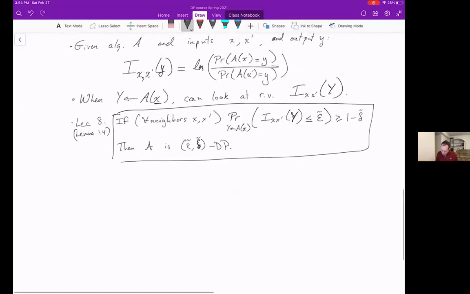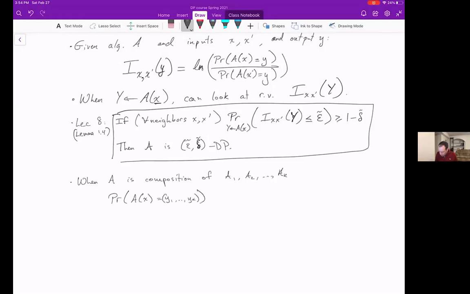When the algorithm A is the composition of several algorithms, A1, A2, up to AK, then the probability of seeing a given sequence of outputs, Y1 through YK, is the probability that A1 produces Y1, times the probability that A2 produces Y2, given that Y1 was the output from A1. Remember, A2 takes Y1 as an input.